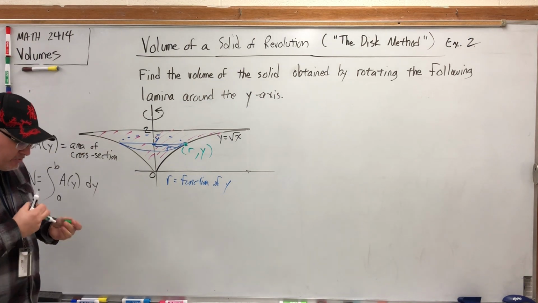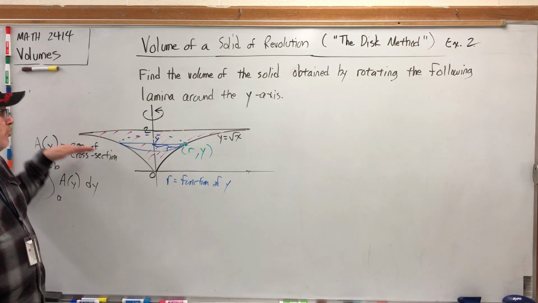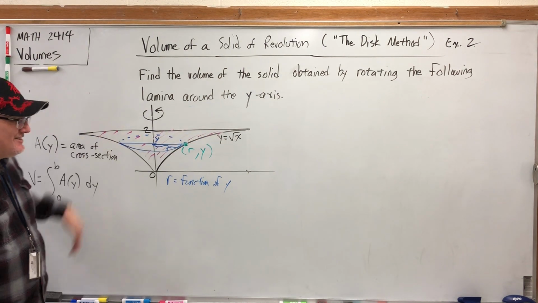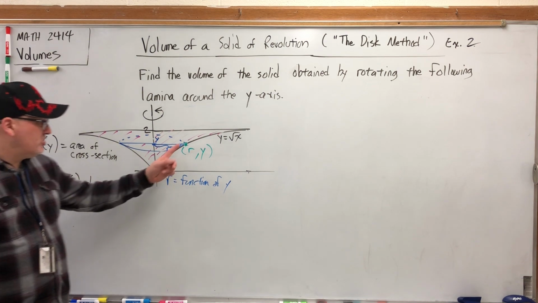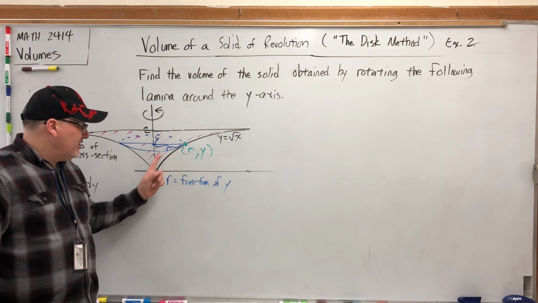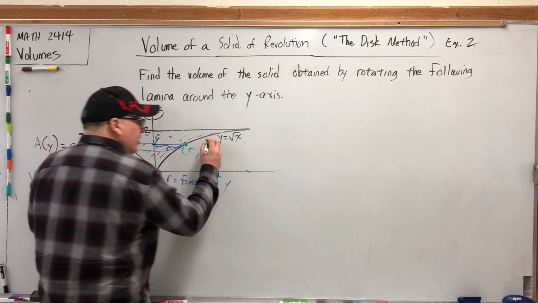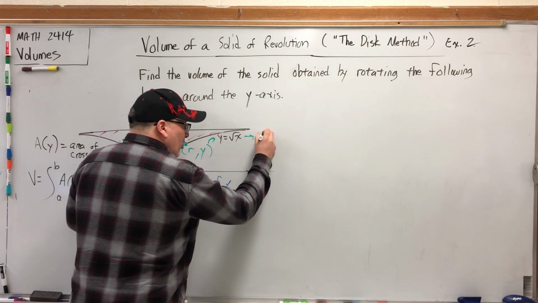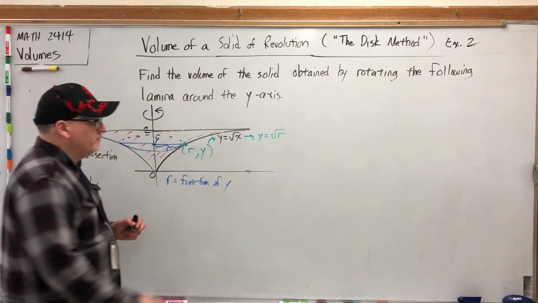So the point on the boundary involving the radius is r comma y. Remember, y is representing the point on the y-axis where we slice this solid. Now I need an equation that relates the two, but since this point is on this graph, then it has to satisfy this equation. So this point goes into this equation, and we get y equals the square root of r, because the r is the x coordinate.